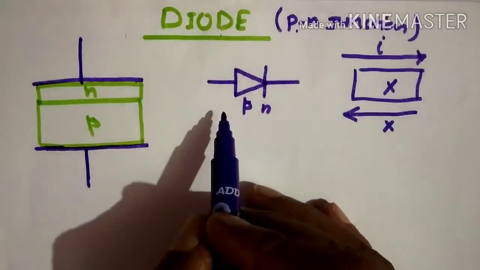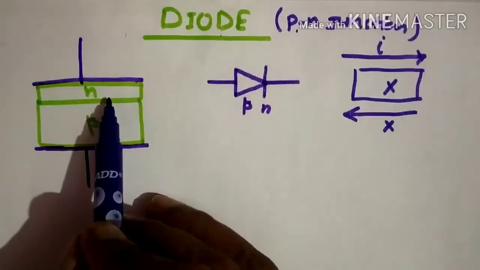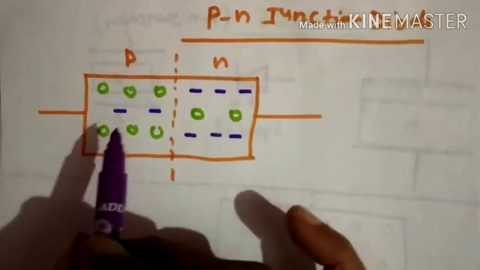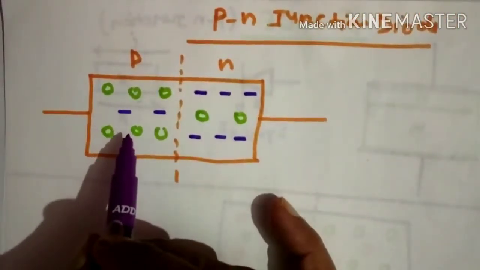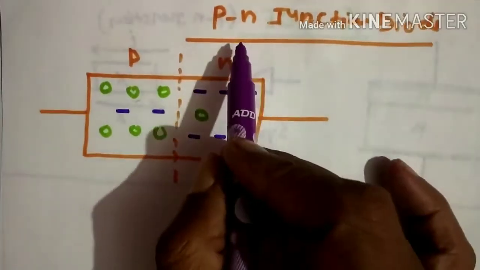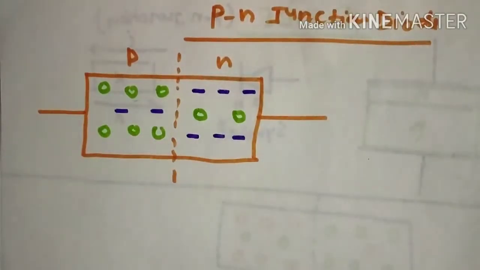Now, before starting the working of PN junction diode, let's see what happens when a P-type semiconductor and N-type semiconductor are combined to form a diode. When a P-type semiconductor is joined with the N-type semiconductor to form a PN junction diode, of course under a complex process, then what happens actually?